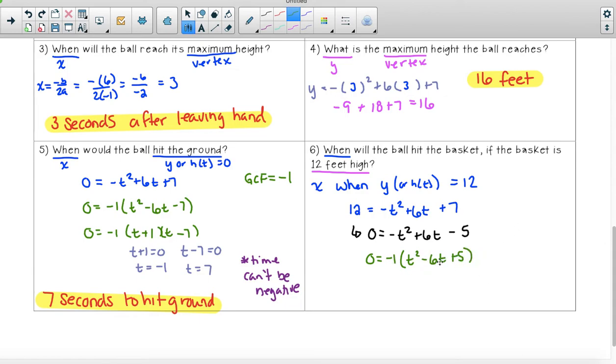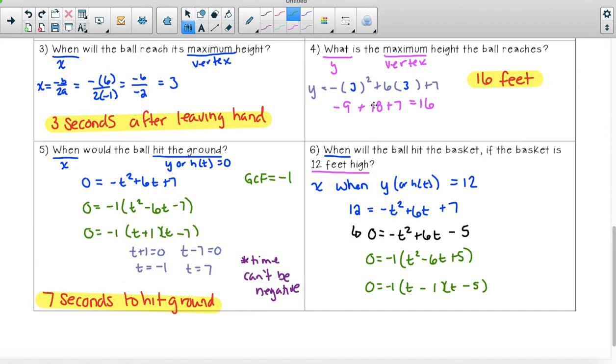We're going to continue factoring the inside because there are 3 terms. 0 equals negative 1 parentheses, 2 sets of parentheses. We're going to have t and t. 1 times 5 gives us 5. To get a negative 6, I need to do negative 1 and negative 5. Negative 1 and negative 5 will give me a negative 6, and negative 1 times negative 5 will give me a positive 5.